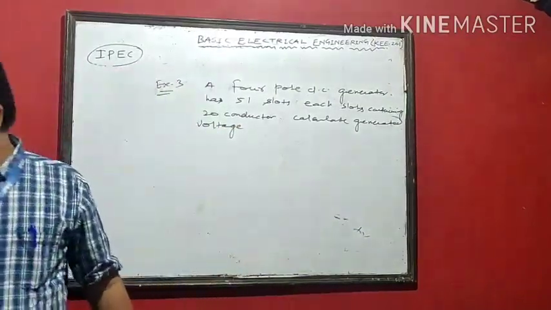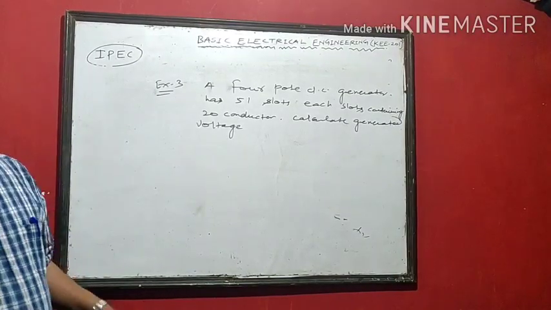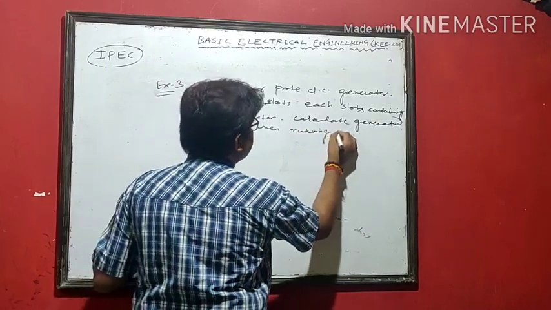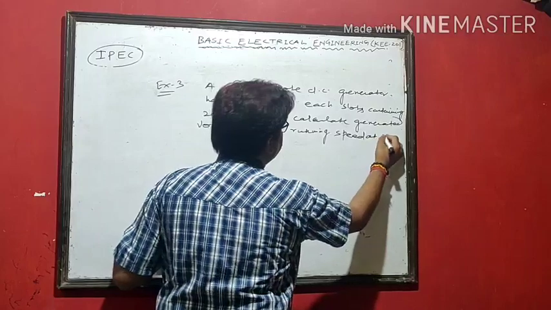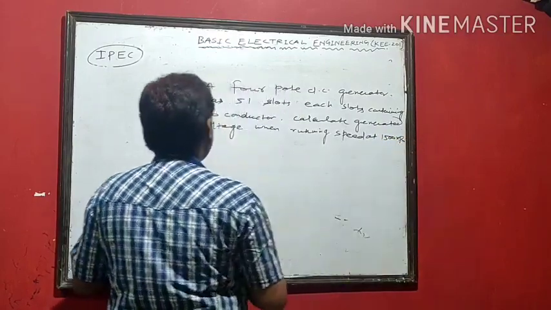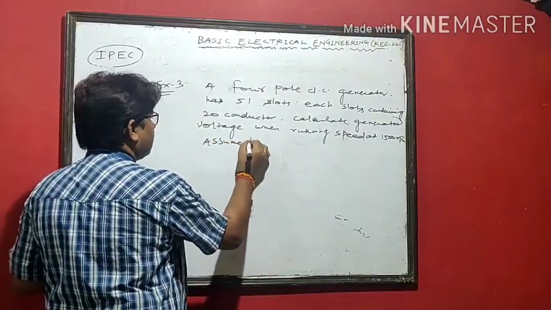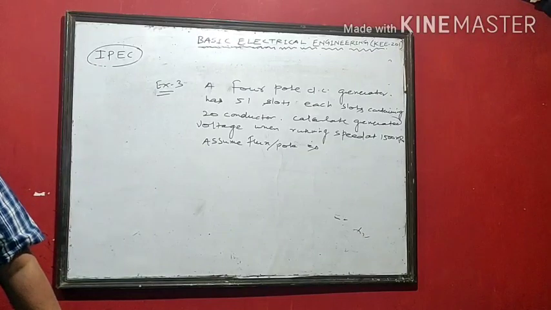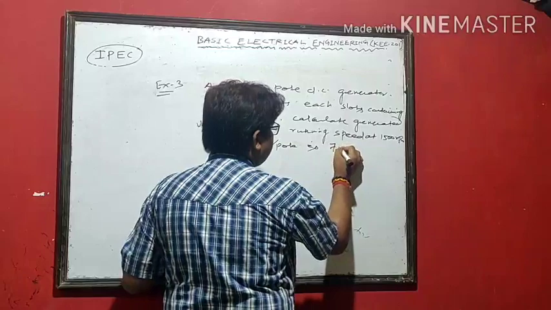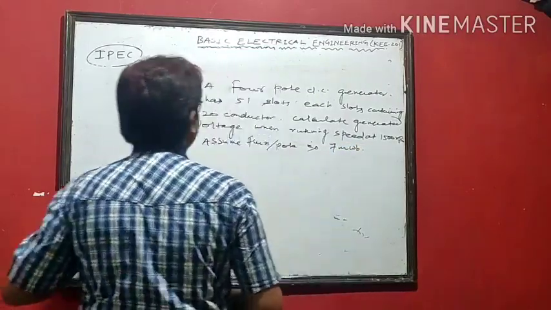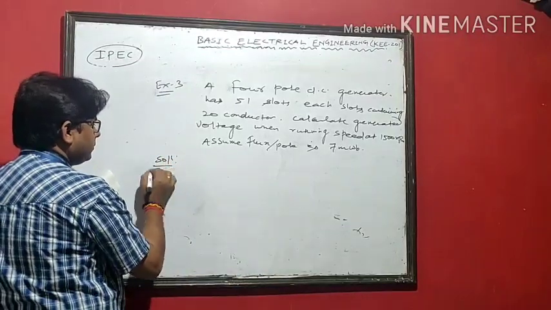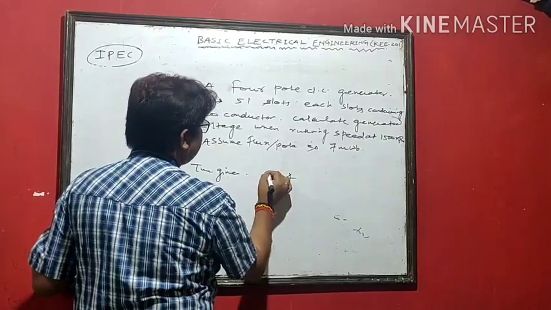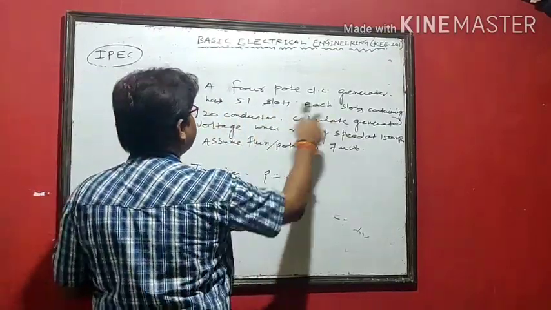Assume flux per pole is 7 milliweber. So the given: a 4-pole, that means P equal to 4, DC generator has 51 slots, each slot containing 20 conductors.